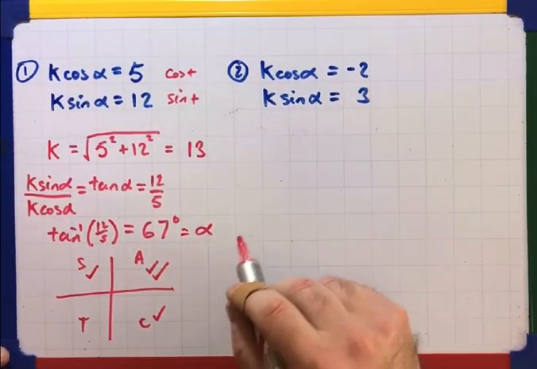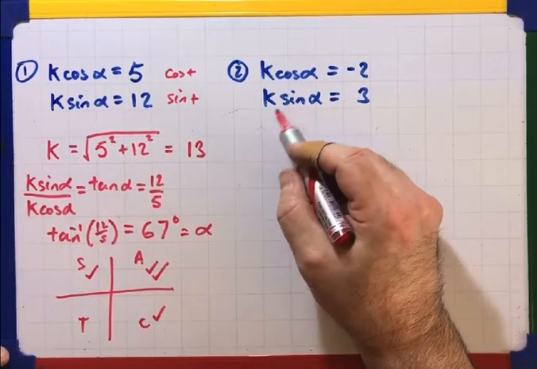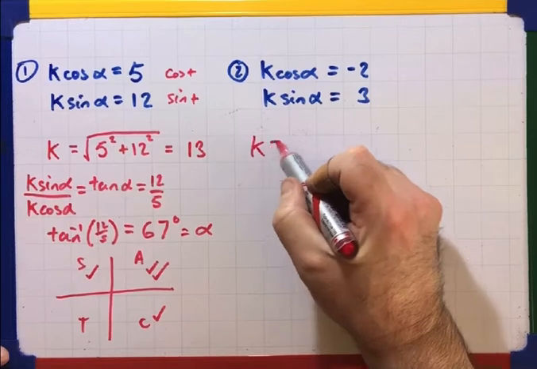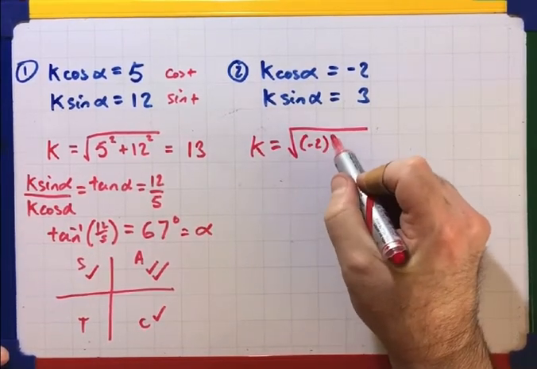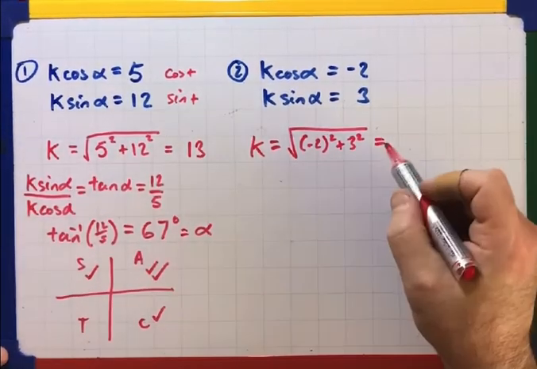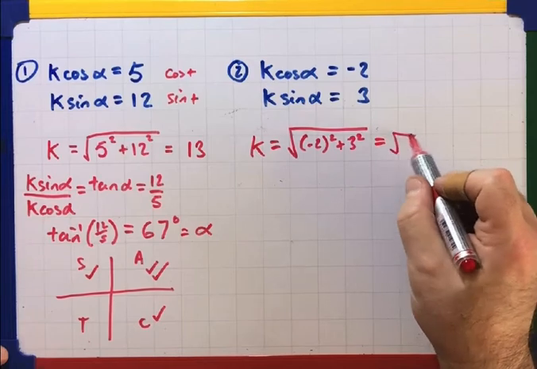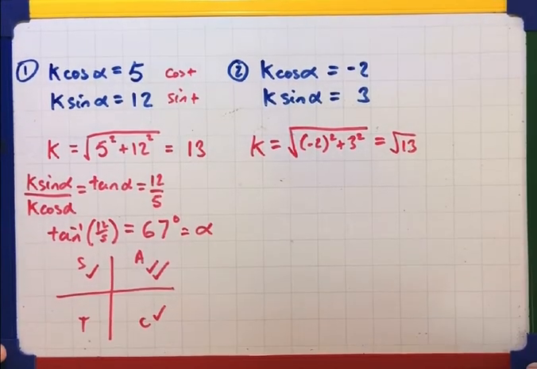What we've got here is k being just these two numbers squared, added and square rooted, which is going to give us in this case root 13. I'd just leave it as root 13. That's an exact answer.